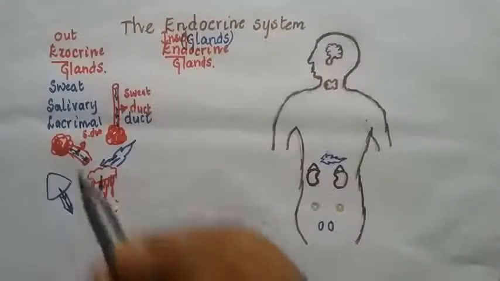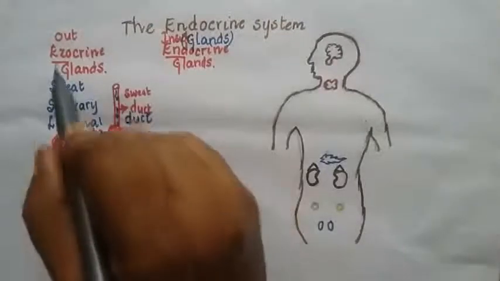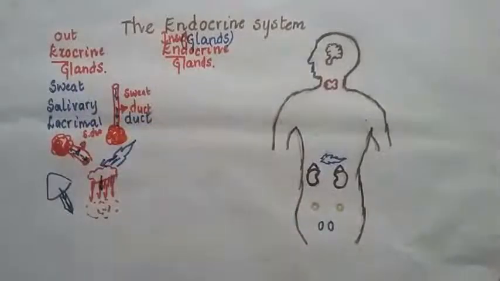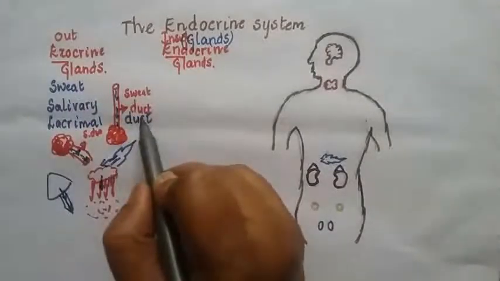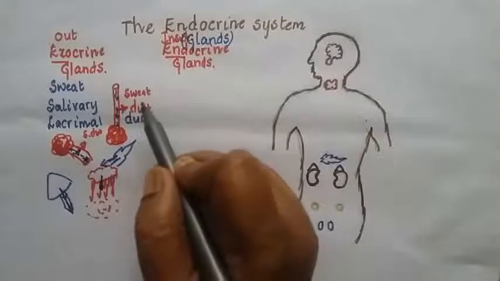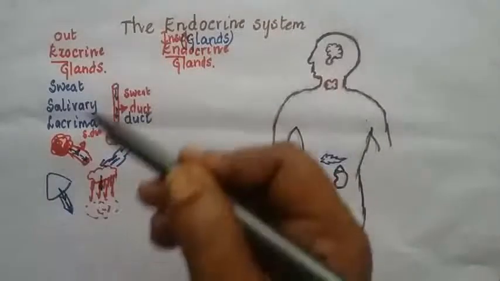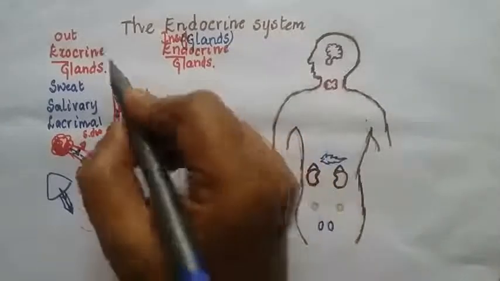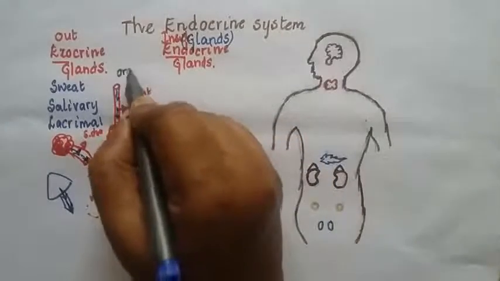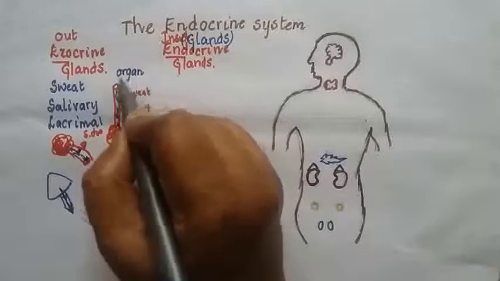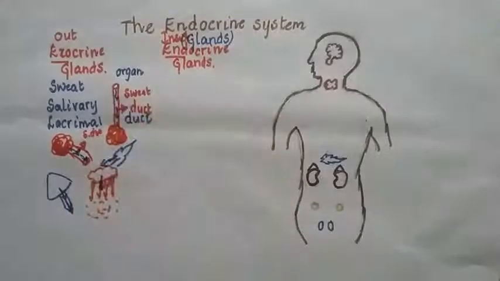Right? So, you can say that all the exocrine glands have a duct to pour out their secretion, maybe in the form of saliva, in the form of a tear, or in the form of sweat, into the organ which is very, very close to its location.